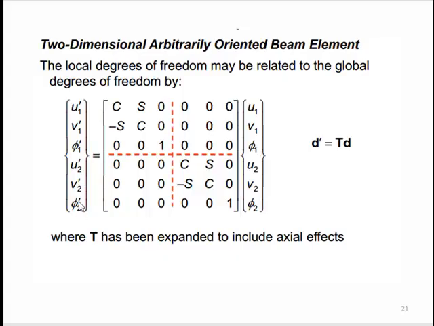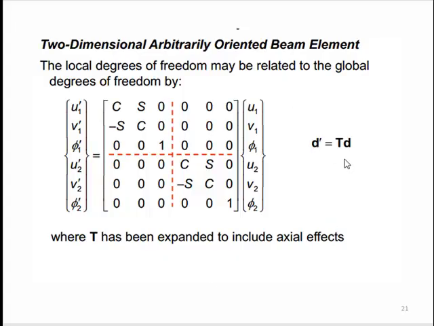Similarly, the next three elements of the matrix can be seen, right? So basically, we have just arranged the information we already have about the relationship between the local and the global degrees of freedom. This is where T has been expanded to include the axial effect. So this is our transformation matrix.